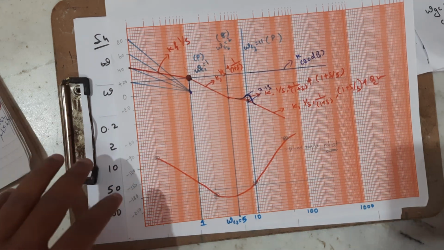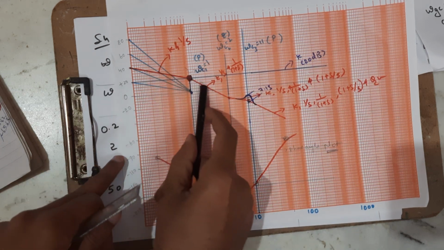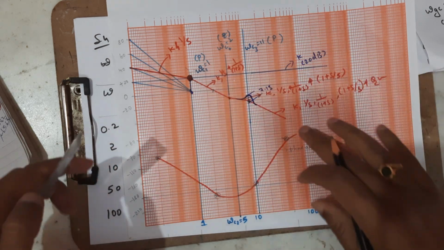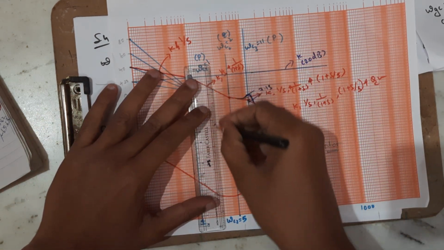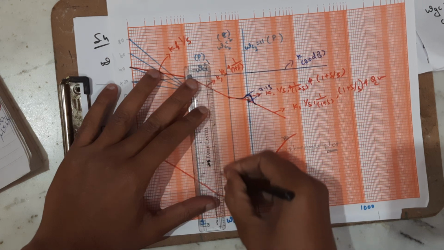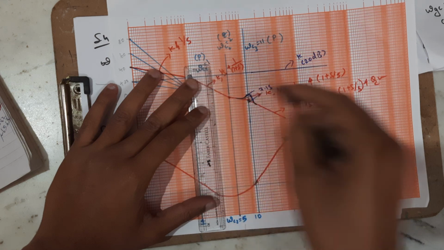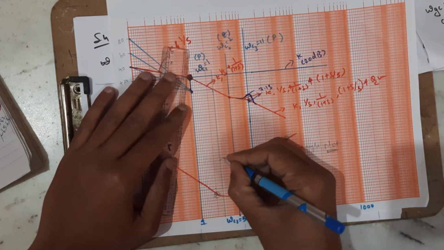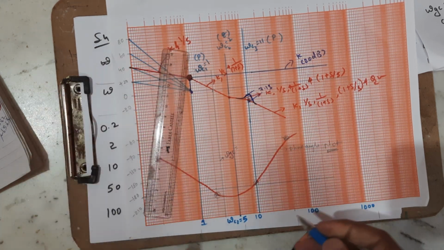Now how to calculate omega GC? See where this magnitude plot crosses the 0 dB line. This is the point where it is crossing. I am going to draw a vertical line downwards. So this is the omega GC, the gain crossover frequency.